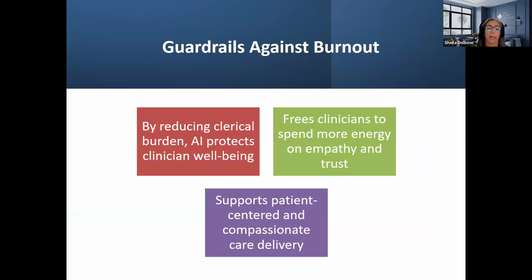Guardrails against burnout, again, reducing clerical burden and helps protect some of that clinician well-being, and frees us up to spend more energy on being empathetic and building that trust relationship with our patients, and really spending the time doing education, because that's a huge piece in terms of the teach back that we do, and educating our patients and how we instruct them on their follow-up care and things that they need to look out for and be aware of.